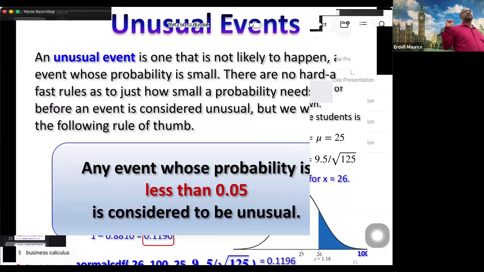Questions there? An unusual event is one that is not likely to happen. There's a cutoff. That cutoff is 5%. If the probability of the event is less than 5%, we say that is unusual.